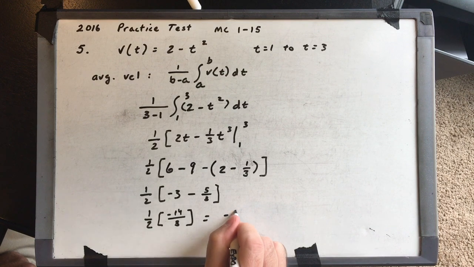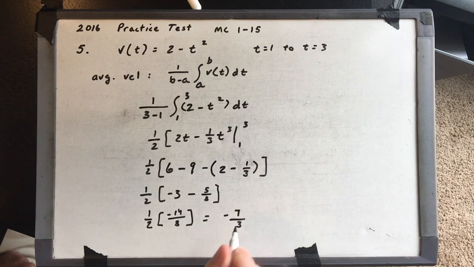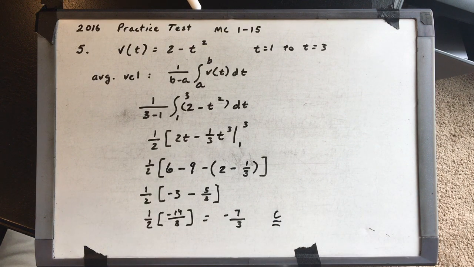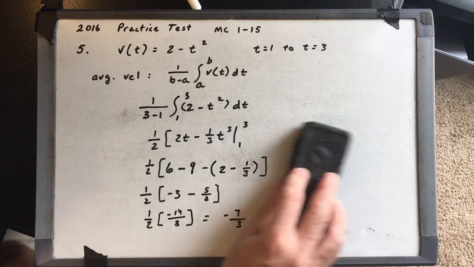Half of that would be negative 7/3. And thank goodness that's one of the options. That is option C. Of course, you will have your calculator, and you can always put this in your calculator on the 2020 test.